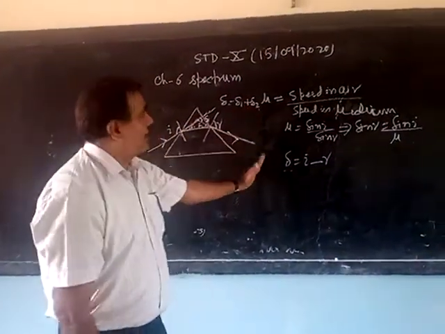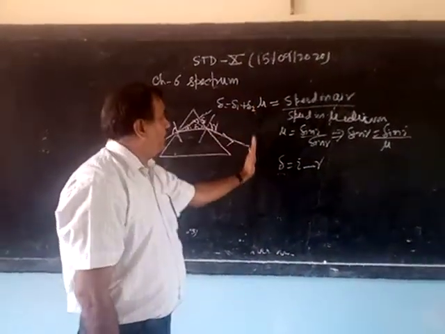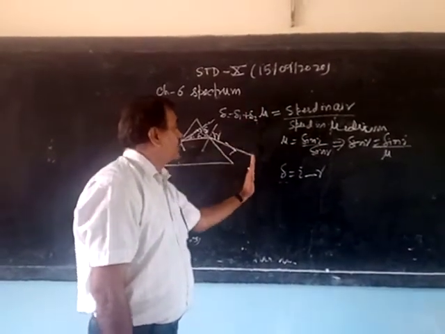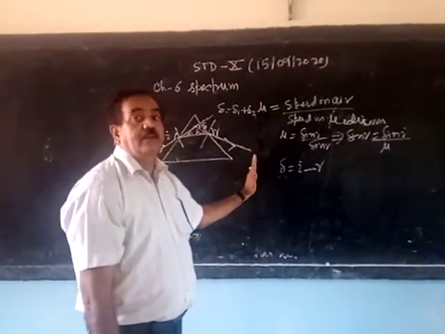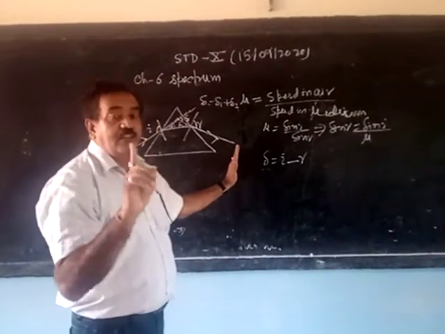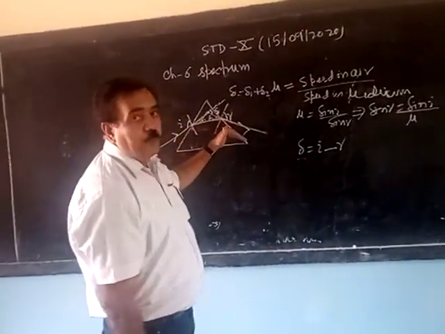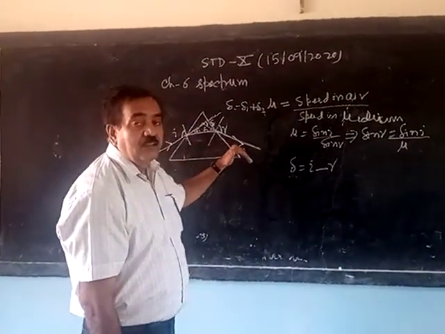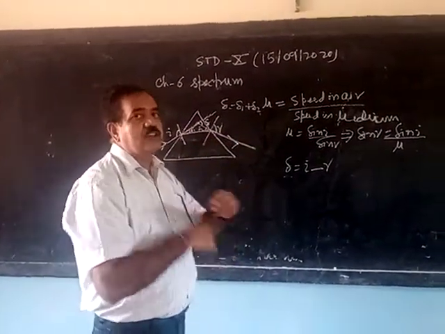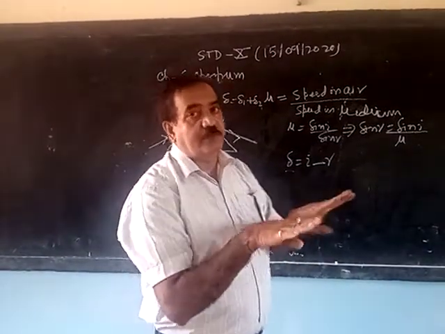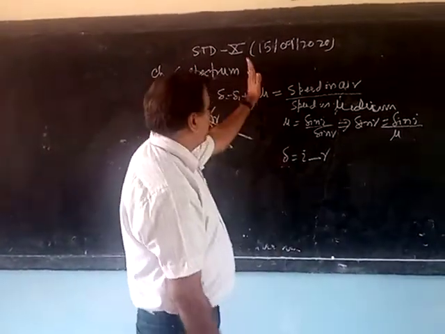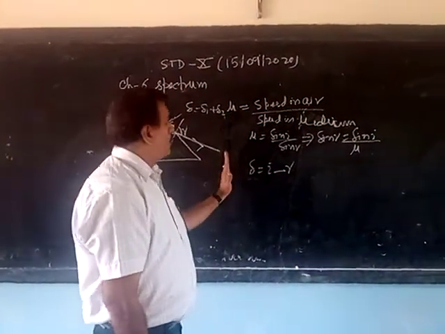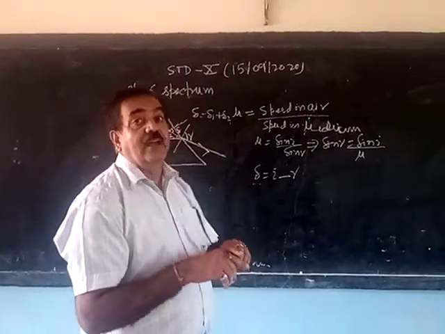The band of 7 colors obtained when we put the screen over here is known as a spectrum. So once again, what is dispersion? Splitting of white light into its constituent colors when it enters from air to glass is known as dispersion. And the band of colors obtained on the screen is known as a spectrum.